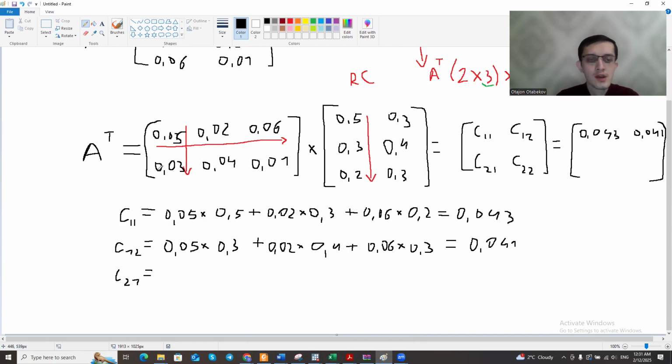I will take the second row of the matrix A transpose with the first column of the matrix B. It is 0.03. I don't start with 0.05, but 0.03 this time because I'm in the second row. And multiply by the first element of the first column of the matrix B, which is 0.5.